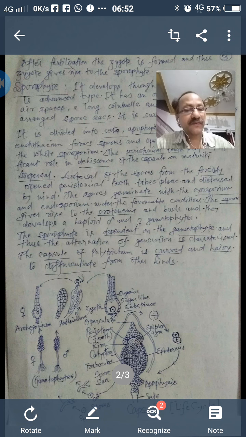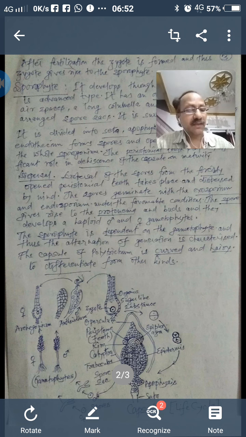The sporophyte is specific in air spaces, and a long columella is formed. The two laterally arranged spore sacs are also very specific. They are not found in Sphagnum. They are not found in Marchantia, Riccia, Anthoceros, etc.